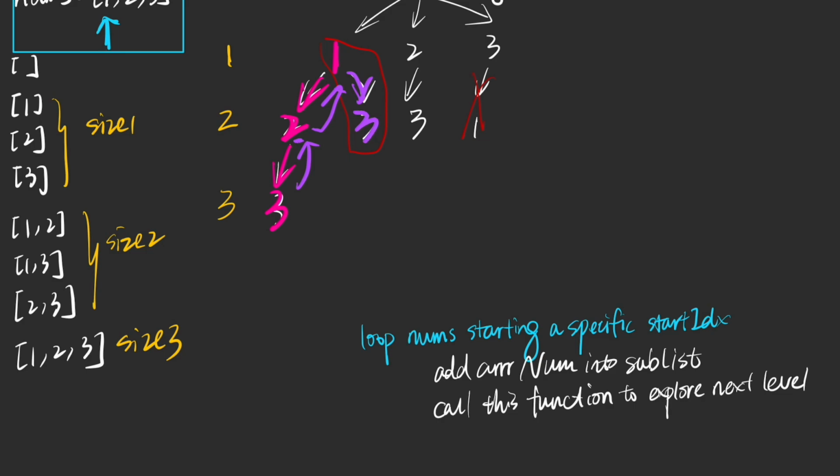When we go back to this level, we come out of this function, and what we need to do is remove the current number.